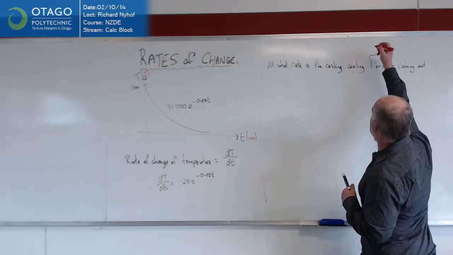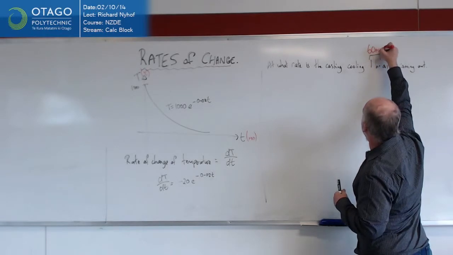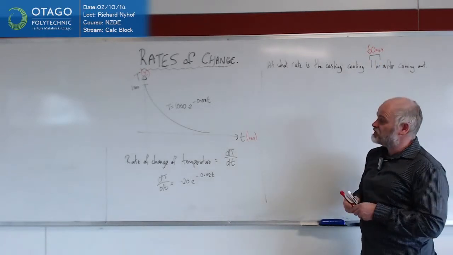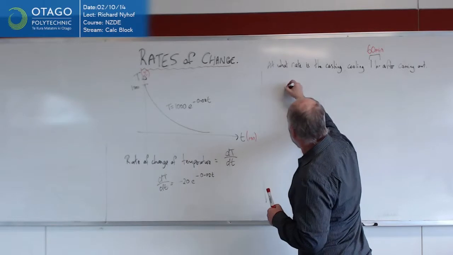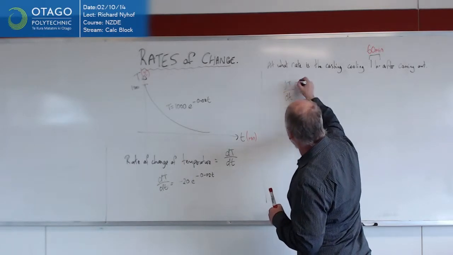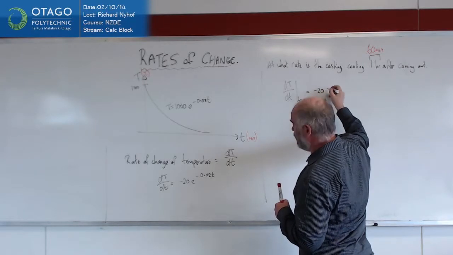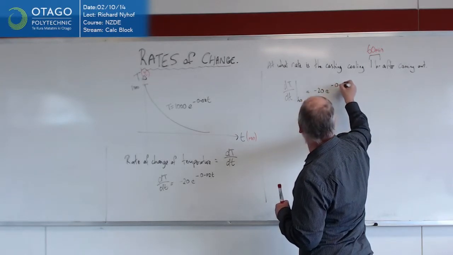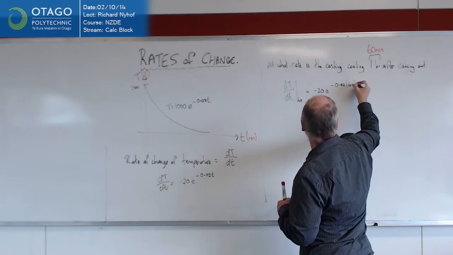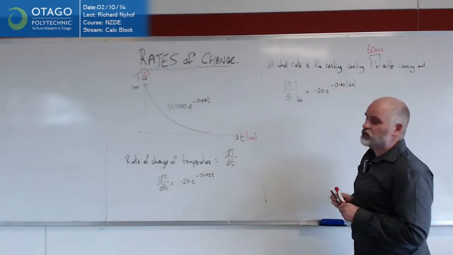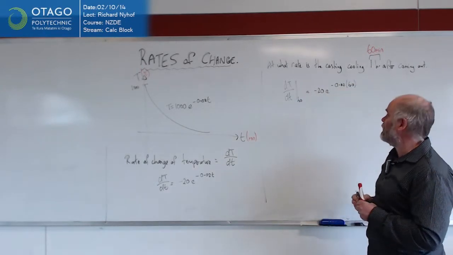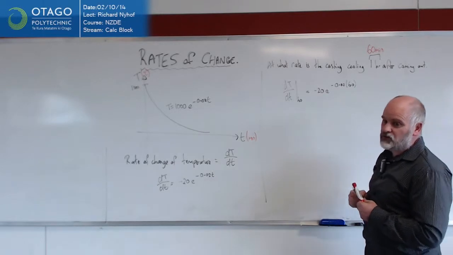We need 60 minutes. So we can say that the rate of change after 60 minutes is equal to minus 20 e to the minus 0.02 times 60. And then from there, it's all just numbers, and you can push buttons on a calculator and figure out the actual value.